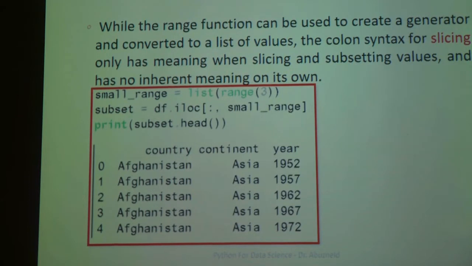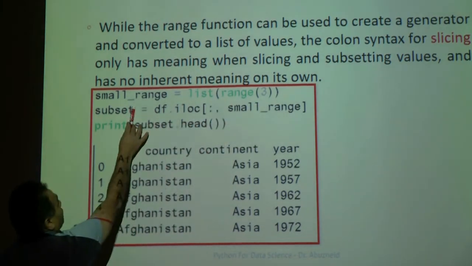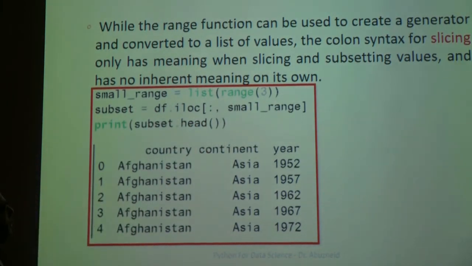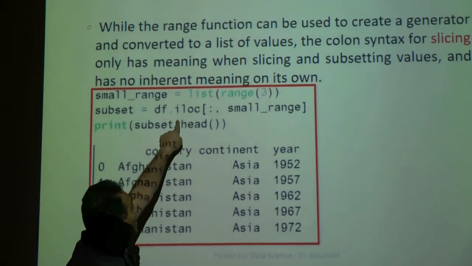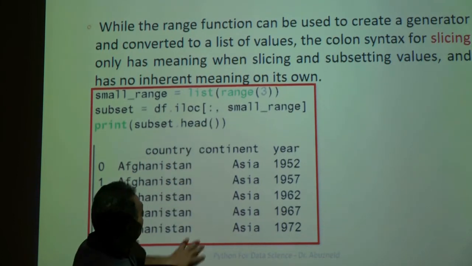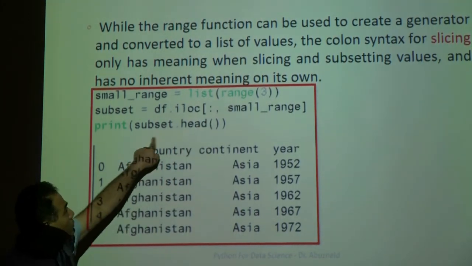So in this example, again, I created a list with 3 elements, 0, 1, 2. I saved it in a small list. Then in here, the same thing, iloc all the rows. Why don't I see all the rows? Because first I have the head, which prints 5.